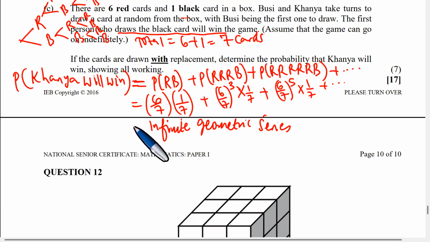What is the first term? And what would the common ratio become? The common ratio would become the second term, cubed, divided by the first term.